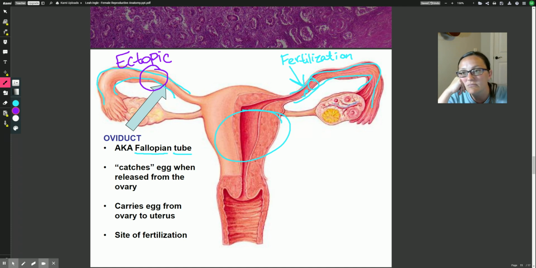If it happens really, really early on, potentially you could miscarry, which would honestly in that situation be the best option for you, because if not, if this baby continues to grow, then it will rupture that fallopian tube and you will likely lose it.